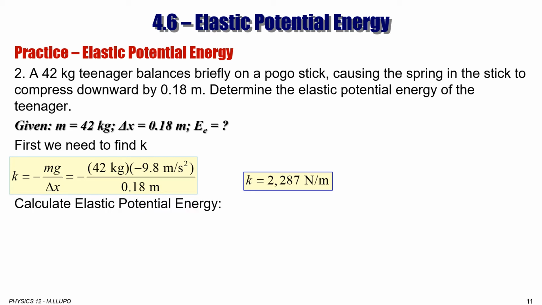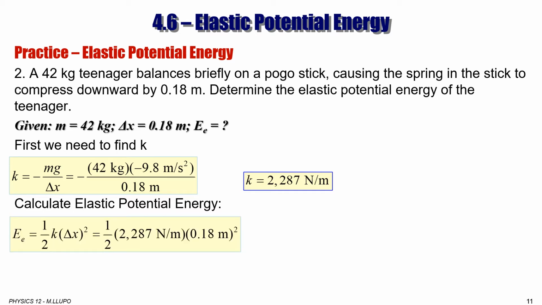Now we are ready to calculate elastic potential energy, which is half of k delta x squared. So K is 2,287 Newton per meter, and delta x is 0.18, squared. If you plug that into the calculator, you'll get 37 joules of energy.